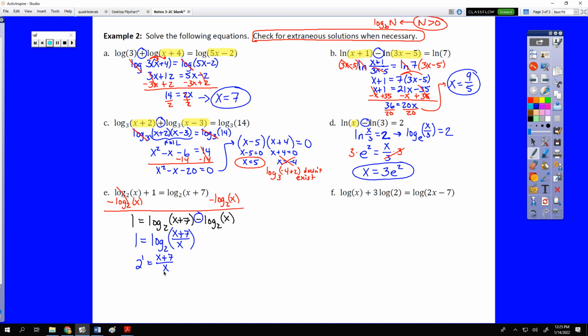Then to solve for x, we need to multiply both sides of the equation by x, which would give us 2x equals x plus 7, and then subtract x from each side to get our possible answer of x equals 7.